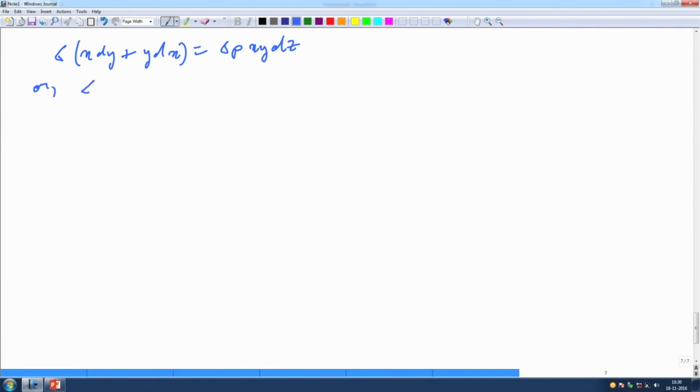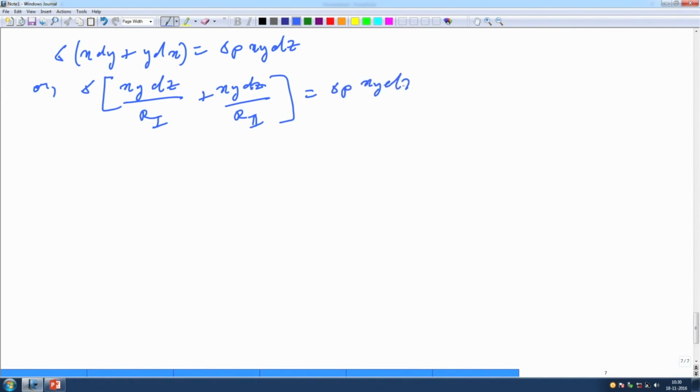Now we can substitute these expressions for dx and dy. So it can be represented by x y dz by R1 plus x y dz by R2. I am substituting the quantities, and this equals delta p x y dz.